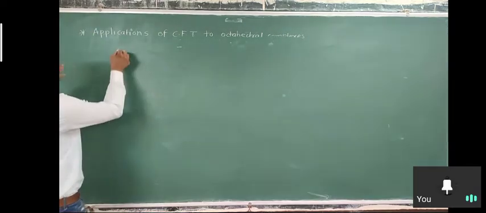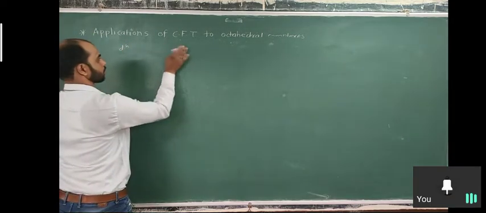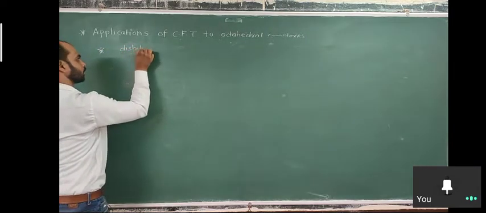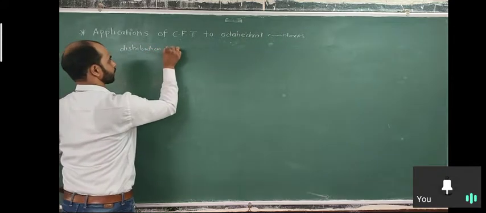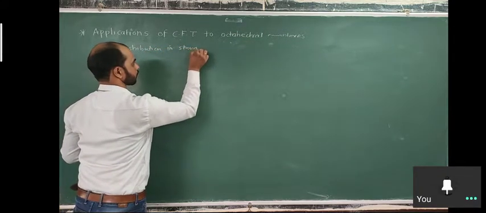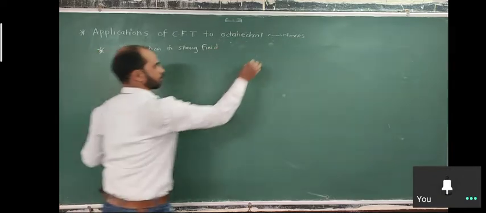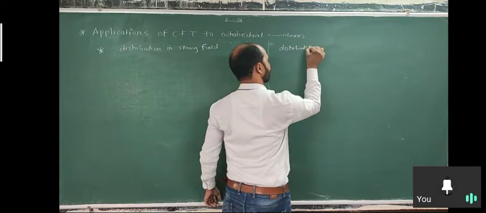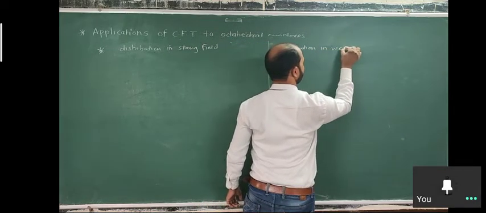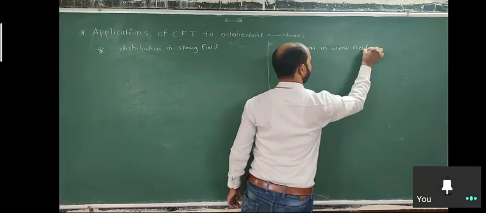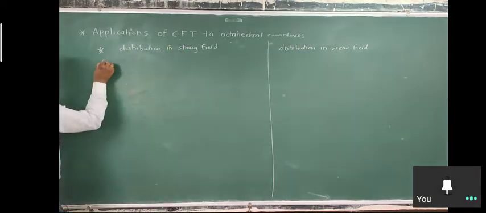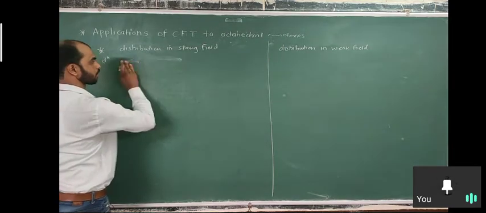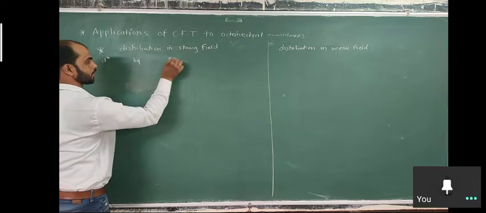Suppose we consider here the d^n system, distribution in strong field, and this side distribution in weak field. Here d^n means which system is considered, with Eg and T2g, or suppose T2g first and then Eg.